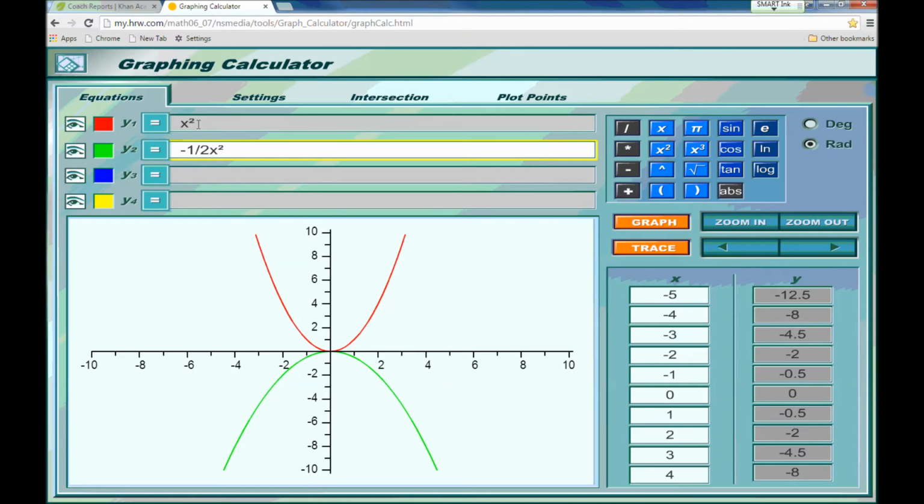Okay, so we'll take a look at our first one. We have a parent graph of y equals x squared, and I'm going to type in 1/3 x squared. So this was number 5. And we want to see how does it change our graph. So we already know the sign of a makes it open upwards or downwards. So we're going to ignore that, just do some positive ones and see how it changes.